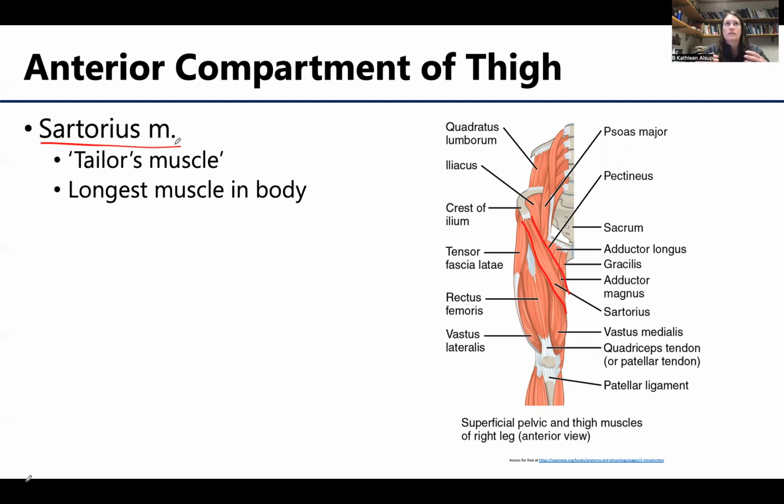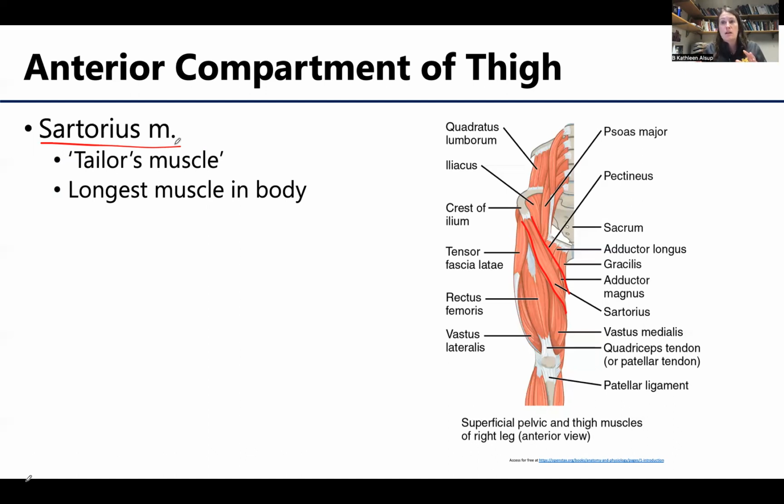Tailors would often sit in a cross-legged position. So the sartorius will play a very small role in the actions that allow you to get into that position. So you would have hip flexion, even knee flexion, abduction and lateral rotation of the hip joint. It will play a role in all those actions, but very much in a synergistic component.